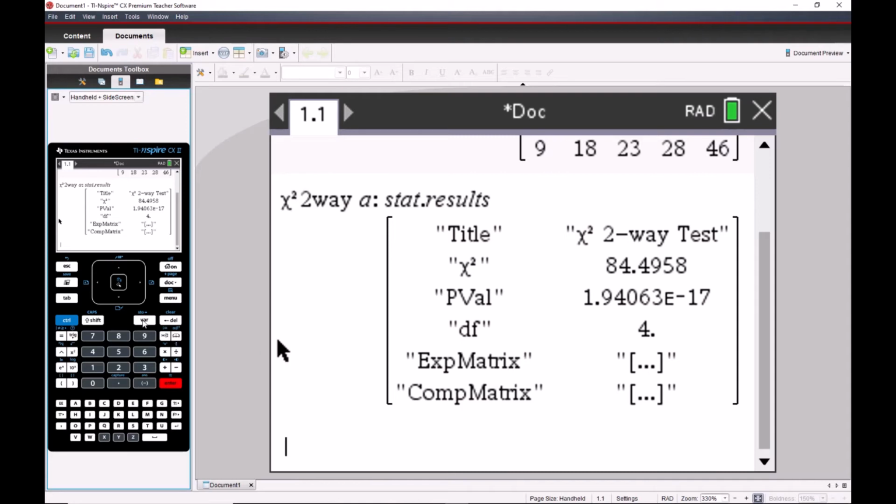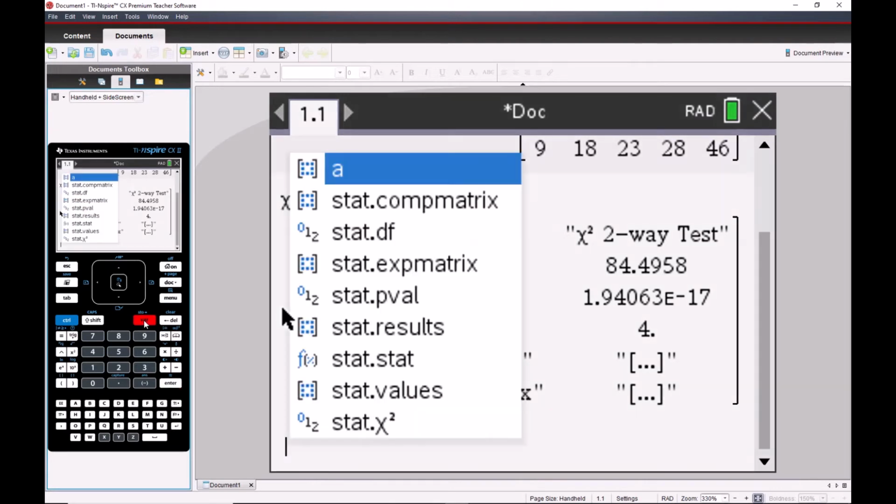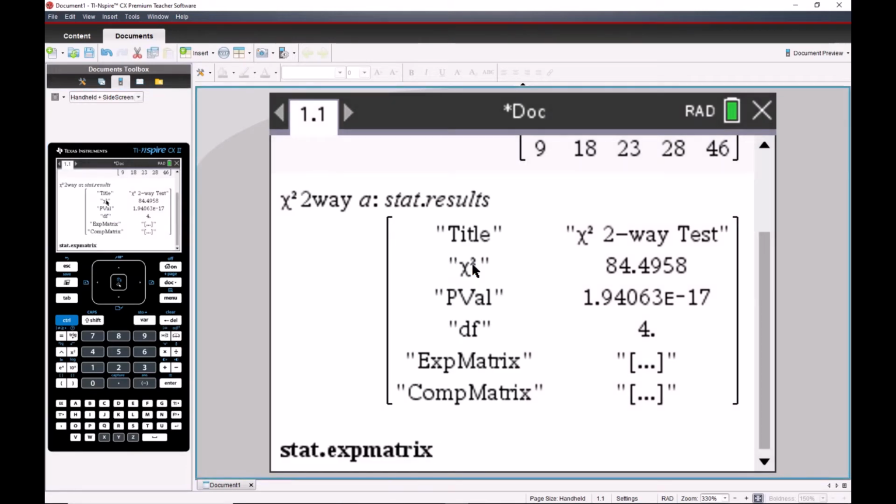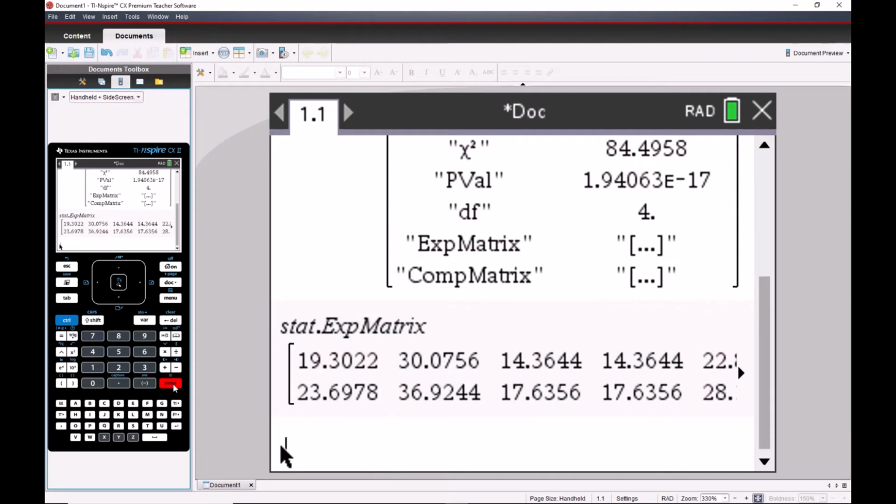So go to var to expose this expected matrix, hit your variable key, and it's right here, stat exp matrix. So hit enter. See how it comes out bolded? It means something's stored there. So hit enter. And so that's where all the numbers come from.